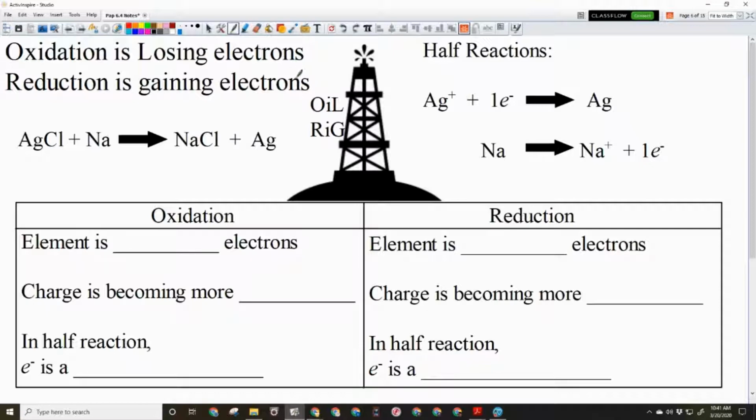And when an element gains electrons, that is called reduction. So here we have silver that's gaining an electron to become silver with no charge. So a silver ion gaining an electron is silver with no charge. So since this is gaining an electron, silver is being reduced.